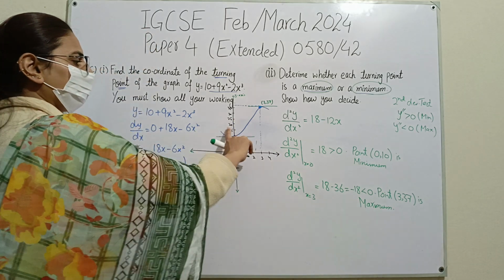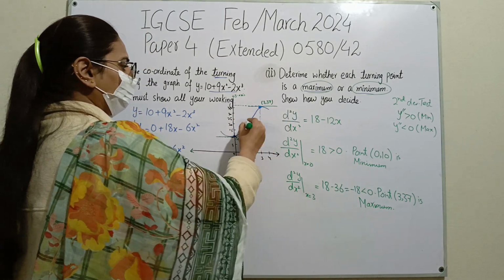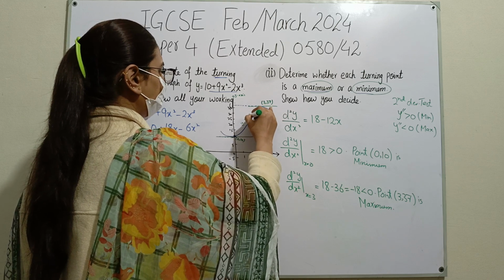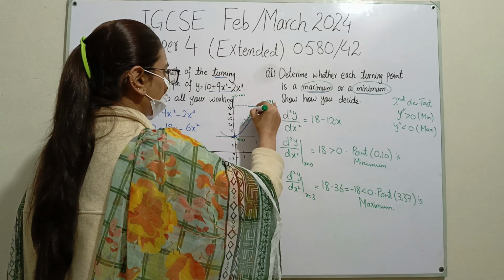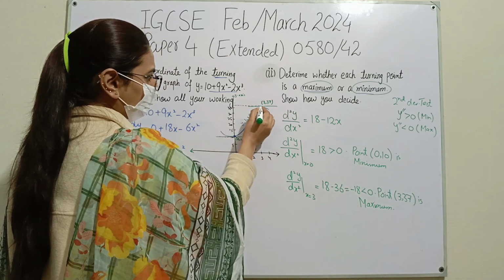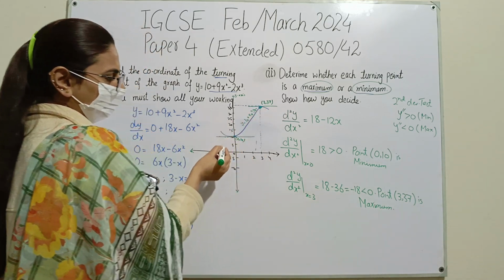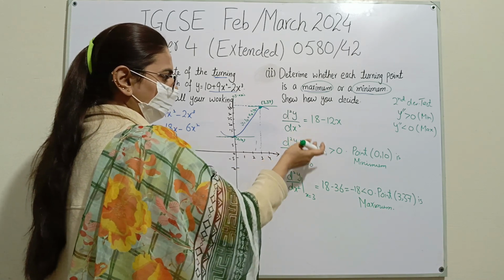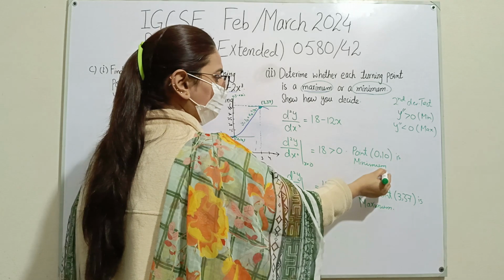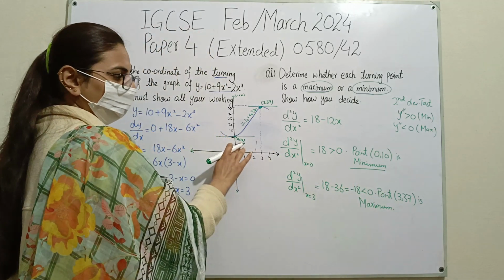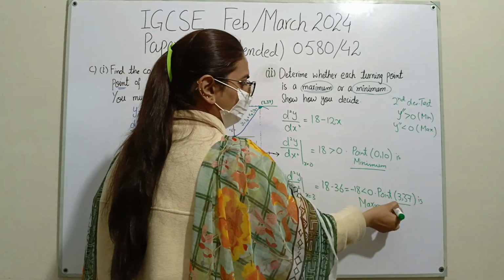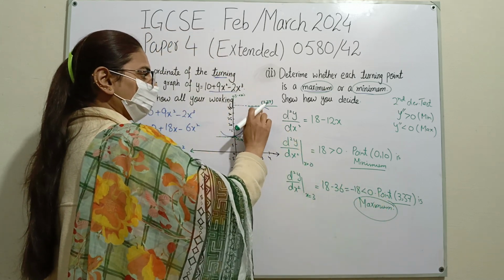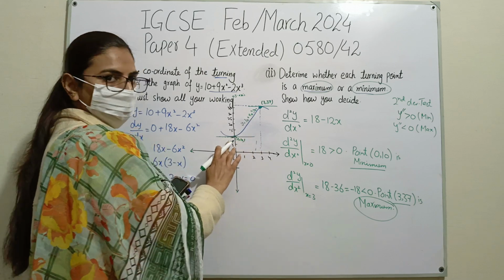It is quite clear that this blue line is the graph for y equal to 10 plus 9x squared minus 2x cubed. This is the maximum point while this is the minimum point. The same is given by the second derivative test. This (0, 10) is the minimum point shown in the graph, and this (3, 37) is the maximum point.